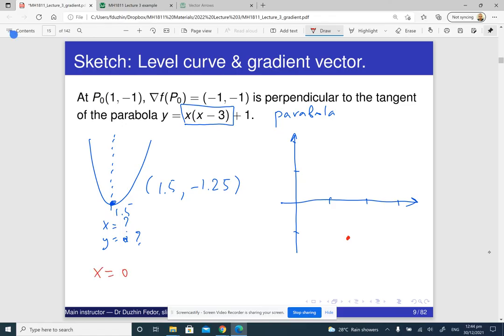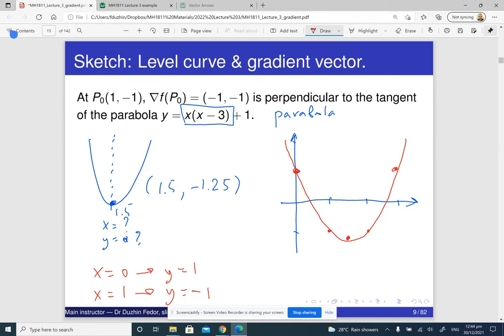If x is 0, then my y is 1. So this point is on the parabola. If x is 1, then my y is, well, I've just computed it, negative 1. So this point is also on the parabola. And by symmetry, it is easy to compute that the points 2, negative 1 and 3, 1 are on the parabola. So my parabola basically passes through all these points.